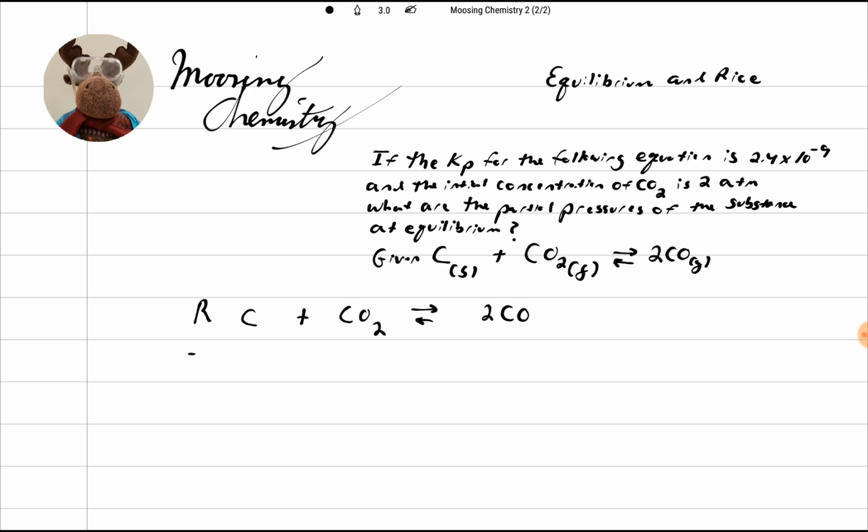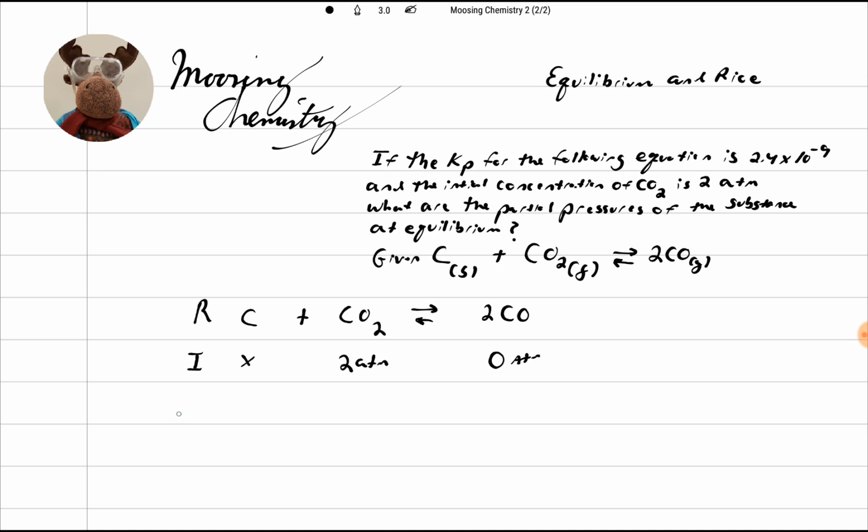So our initial concentrations, that's the I. Initial concentration for carbon, we don't have one because it's a solid. So our initial concentration for CO2 is 2 ATMs. All right. And our initial concentration of our product is 0 ATMs because we haven't made it yet.